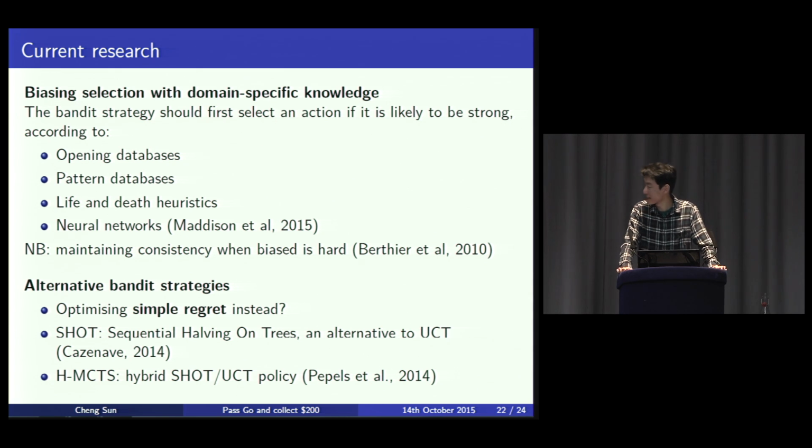The other area of active research is in alternative bandit strategies. You'll notice that I mentioned that UCB is optimal with regard to cumulative regret. There's also a concept of simple regret, which is: ignore what happened when we were experimenting and pulling arms. All we care about is, at the end, can you tell me which one is the optimal arm?